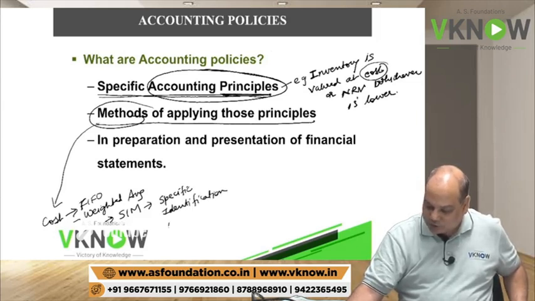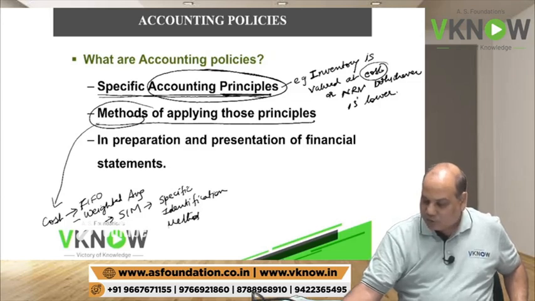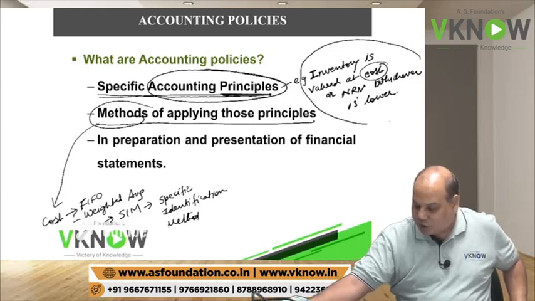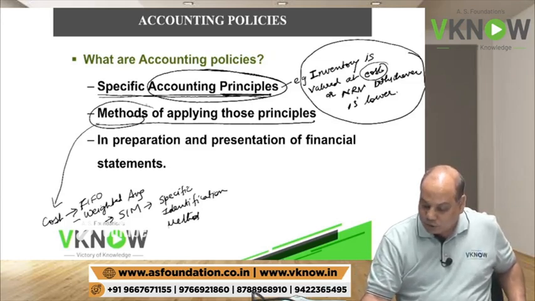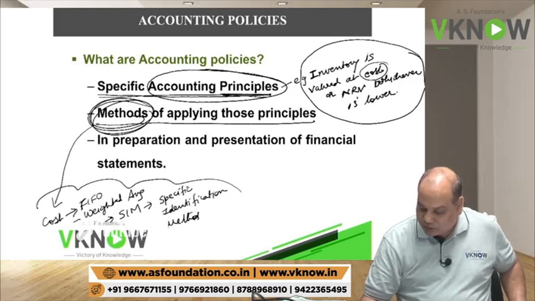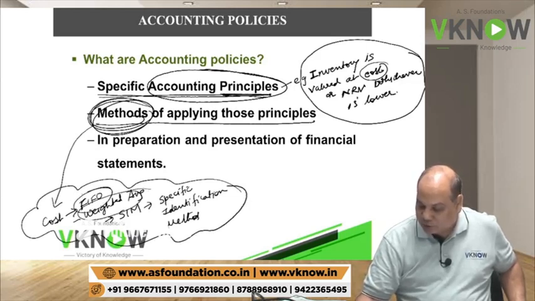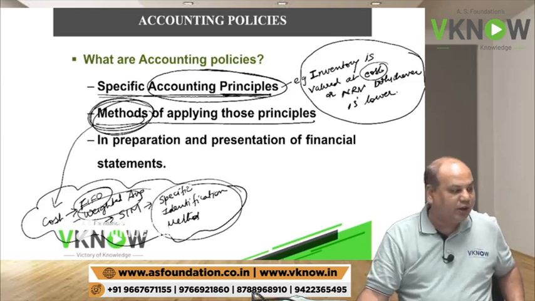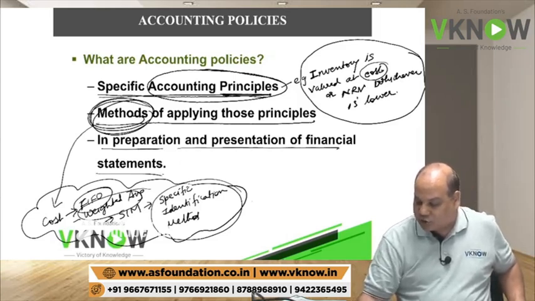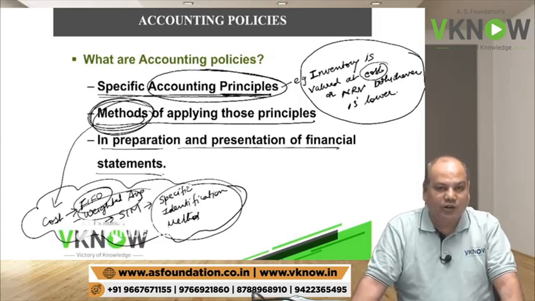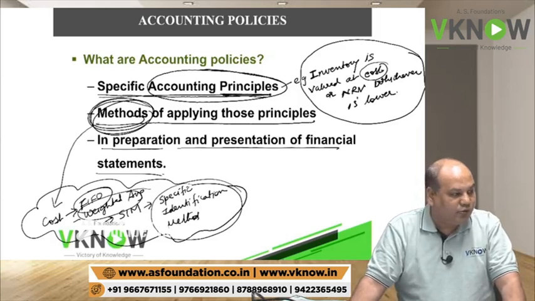So first my principle is to value inventory at cost or NRV, whichever is lower. To calculate the cost, there are methods available. So I will decide which method I will follow, FIFO or weighted average or specific identification method, in preparation and presentation of financial statements. So let us revise together.